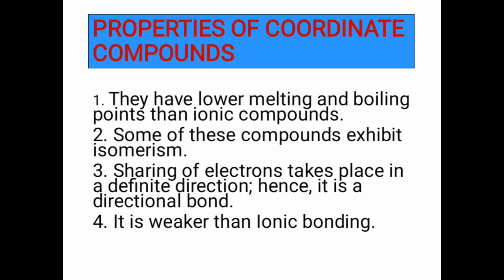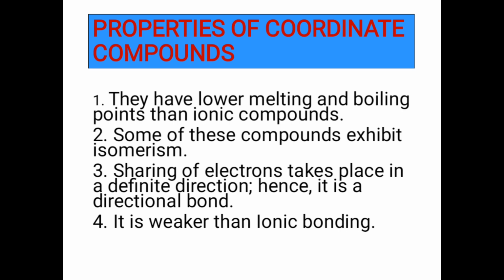Let's look quickly at properties of coordinate compounds. Number one, they have lower melting and boiling points than the ionic compounds. Some of them show isomerism. Some of them can be isomers. They have the same molecular formula but different structural formula. Number three, another property of coordinate compounds is that the sharing of electrons takes place in a definite direction.